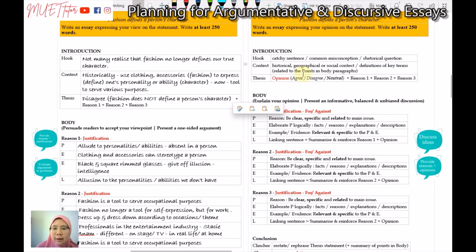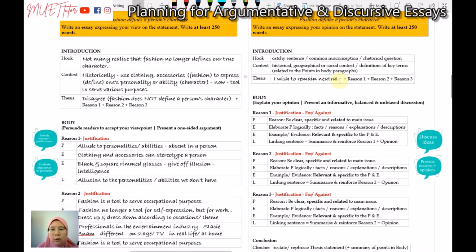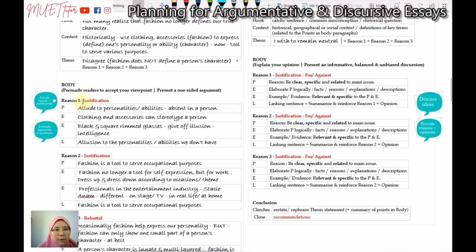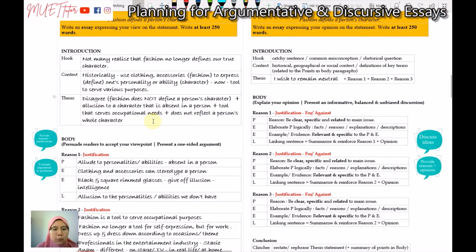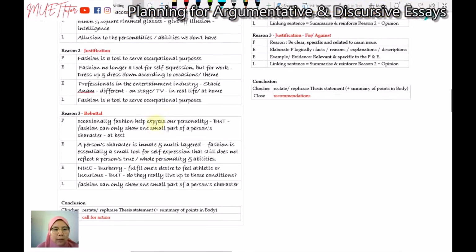For a discursive essay, if we want to show that we're neutral, we can write, I wish to remain neutral, or I wish to stand on neutral ground, or the likes of it. And then the 3 main points here we take from the Ps in our body paragraphs, P1, P2, and P3. And we're done with the introduction.